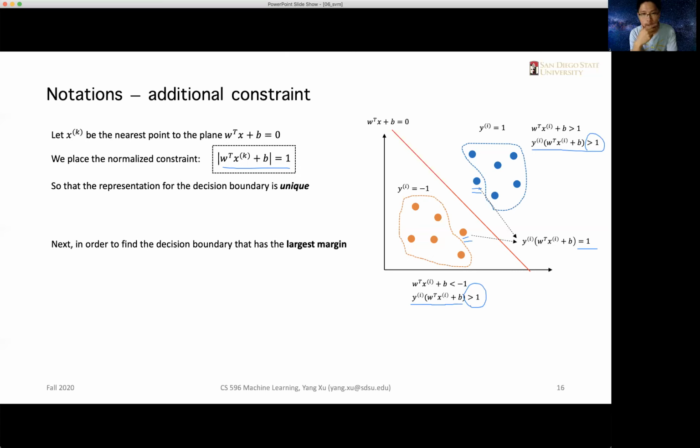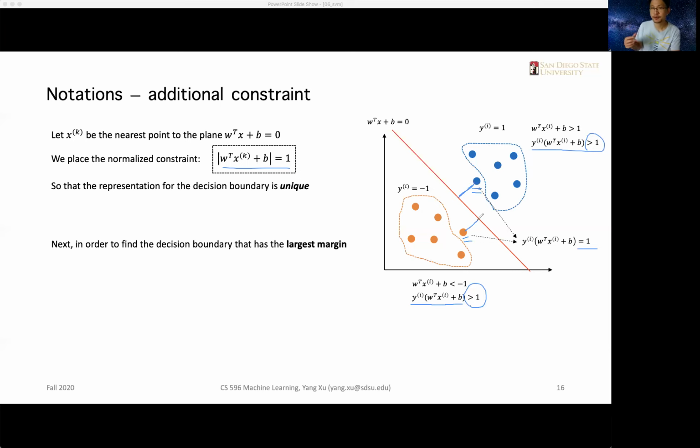Okay. So with the unique representation of the decision boundary, we can now try to find the decision boundary that has the largest margin. Okay, so it is now time to define the largest margin. We know that the margin is basically defined by the distance between the nearest point and the plane, right?